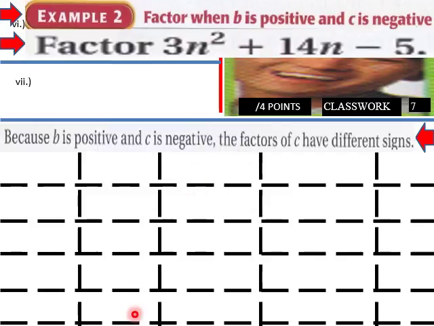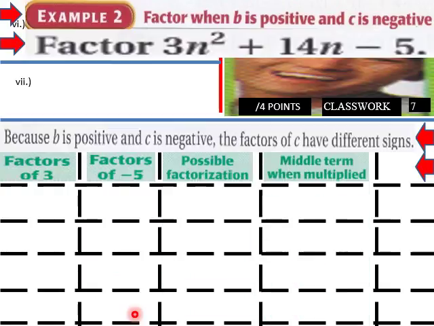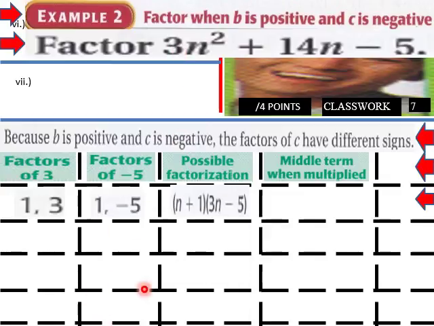So we need factors of 3 and factors of negative 5, possible factorization, and the middle term when multiplied. I have 1 and 3 for our a, factors of negative 5, say 1 and negative 5. Will that come out? Negative 5n plus n is negative 4n for our b. No, we have 14n, that's not it.